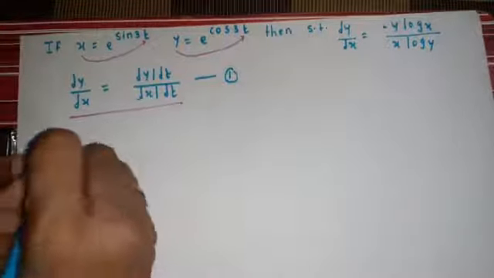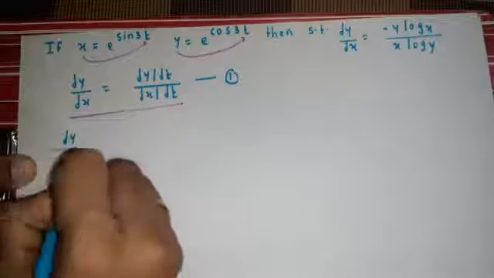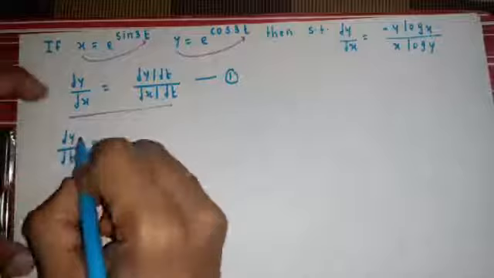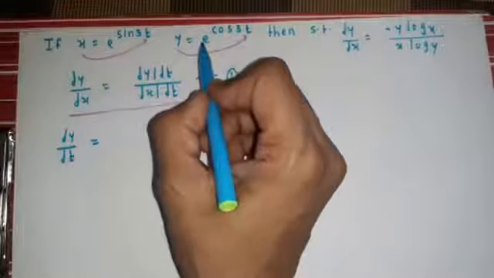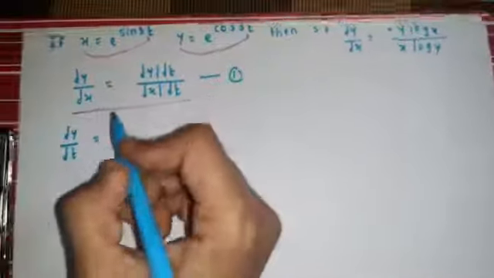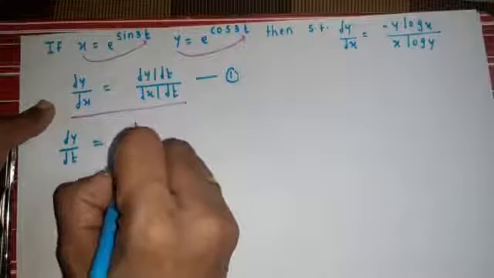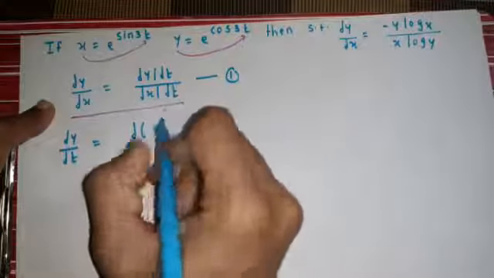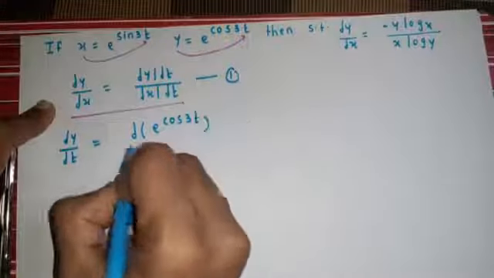First find dy by dt, that is, differentiation of y with respect to t. What is the y function? The y function is y equals e raised to cos of 3t, and therefore differentiation of y with respect to t means differentiation of e raised to cos of 3t with respect to t.